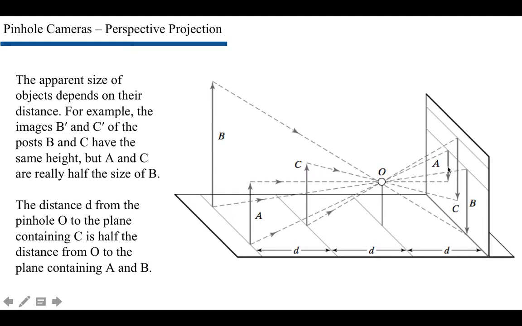In the case of A, A is exactly the same height as C, but as it is at double the distance, it will appear half the size. We will discover more about the rules in the next slides.